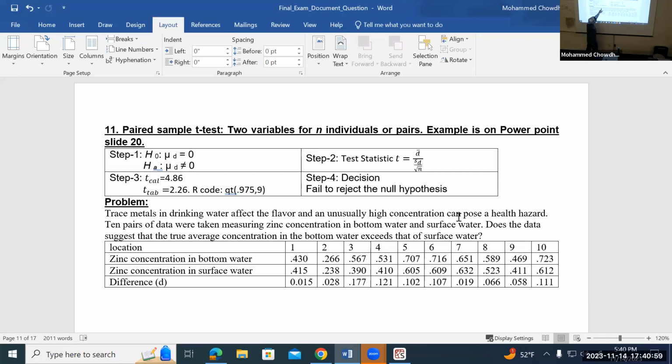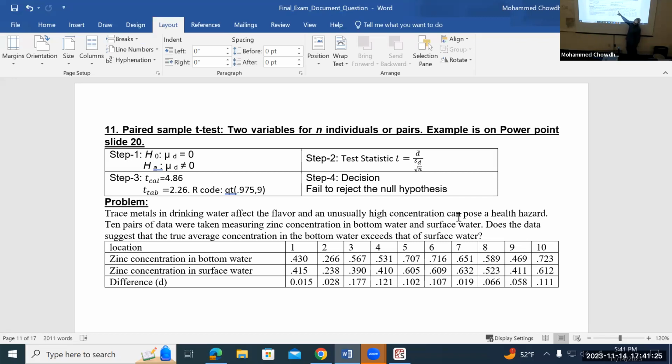Trace metals in drinking water affect the flavor, and an unusually high concentration can pose a health hazard. 10 pairs of data were taken measuring zinc concentration in bottom water and surface water. Does the data suggest that the true average concentration in the bottom water exceeds that of the surface water?